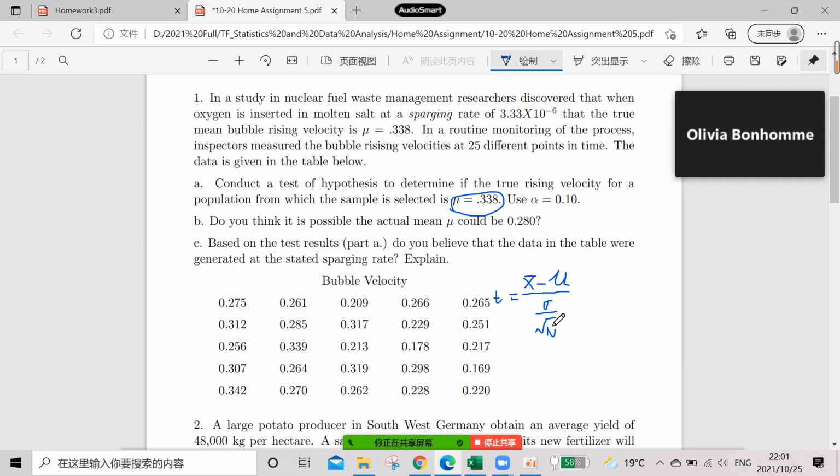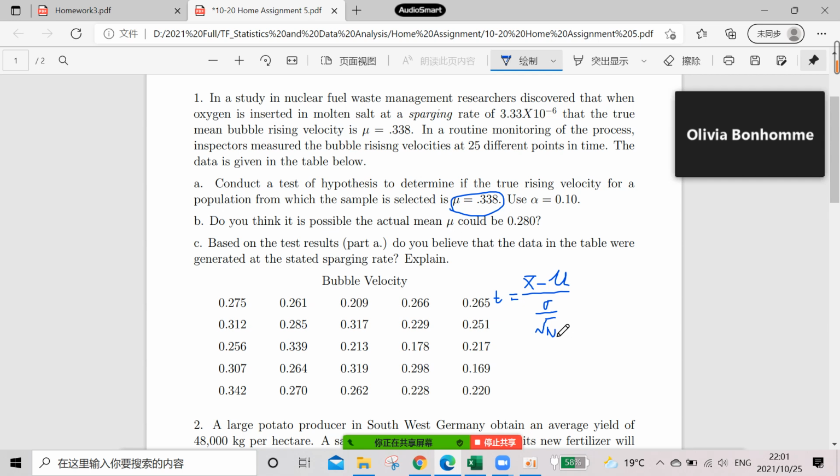We divide it by the standard error, that is the standard deviation of those 25 observations divided by the square root of 25. This n equals 25. The standard error, the thing in the denominator, is sigma divided by square root of n.